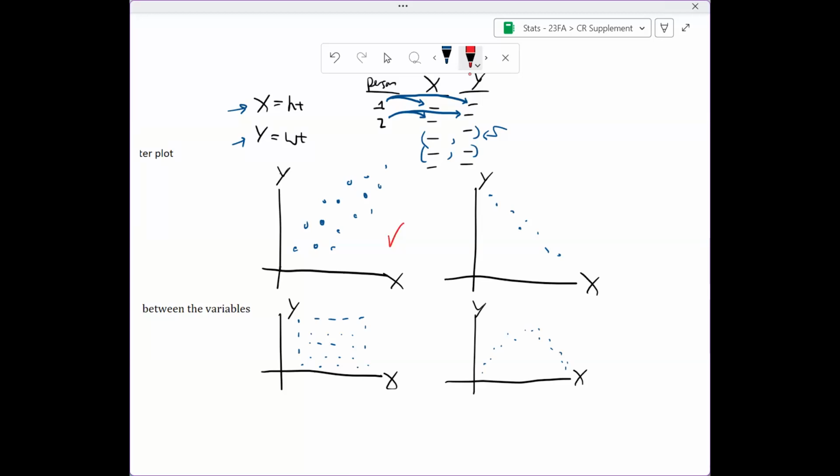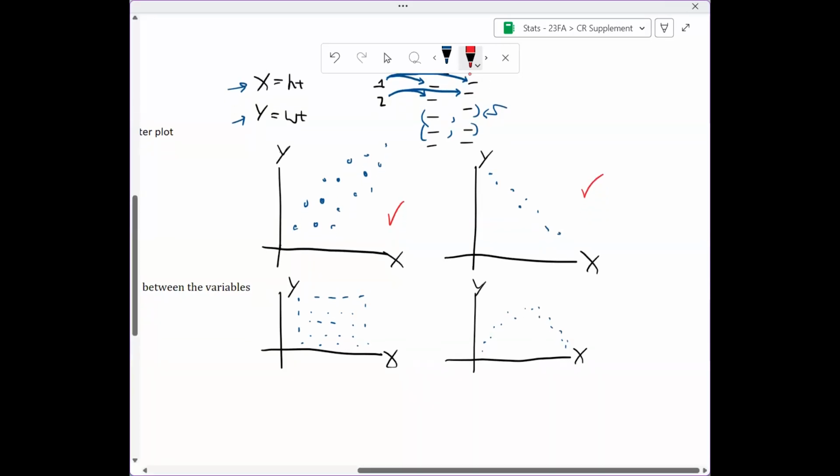What about over here? Again, if I pick, say, an X on the higher side, I see that tends to be related to Y's that are on the lower side. So there does seem to be a relationship here as well, although the nature of the relationship might be a little different.